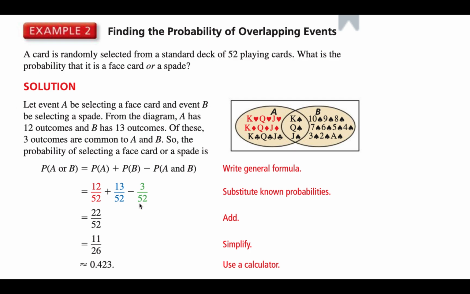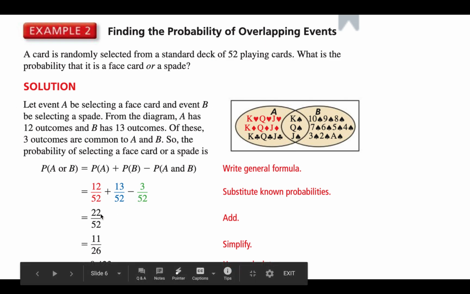Okay? You either have to consider them as part of just A or just B. So you could do 12 plus 10, because then you'd only be adding on the outcomes in B that you haven't already counted, and that gives you 22.